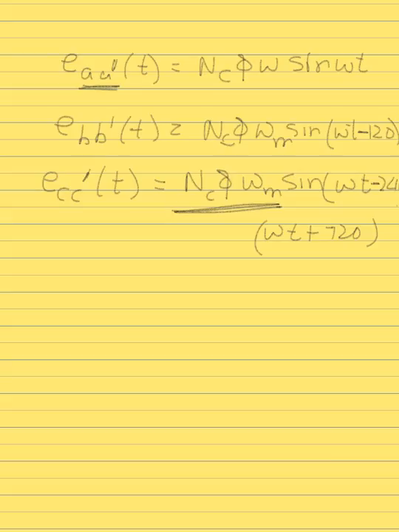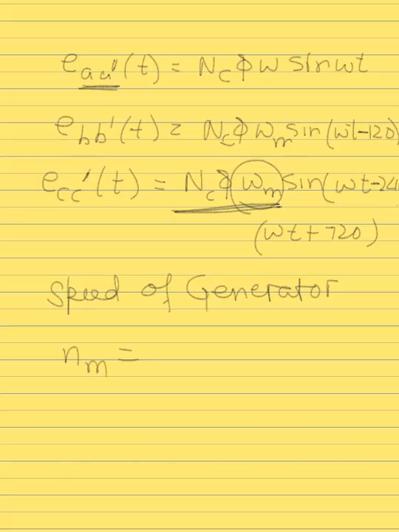Now the speed of the generator depends on the speed of the rotating magnetic field. So the speed of the generator is the same as the speed of the rotating magnetic field, and that speed in RPM, rotations per minute, is given by 120 times the supply frequency divided by the number of poles.